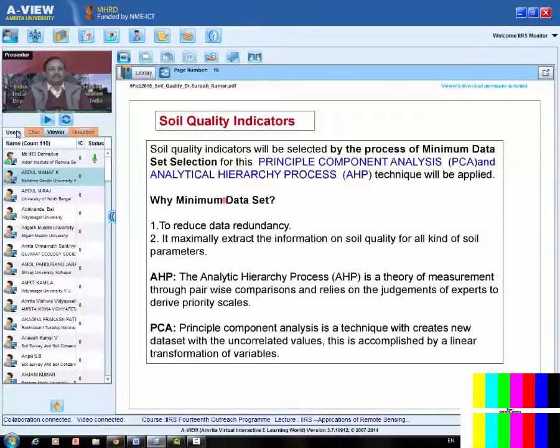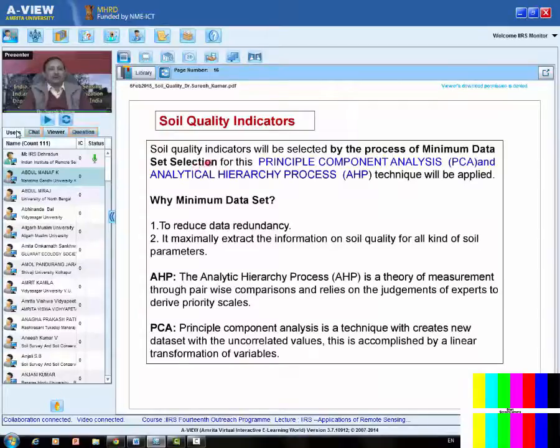First of all, as I told you, we go for intensive soil sampling, and you have collected and analyzed the various soil properties. Now I want to know which properties are required to assess that. So we go for the minimum data set selection.